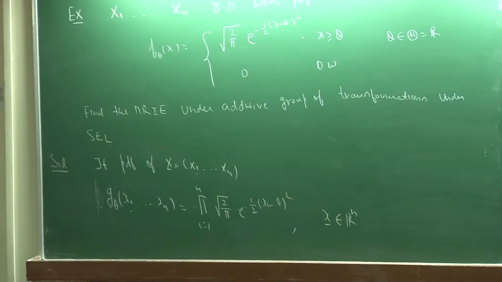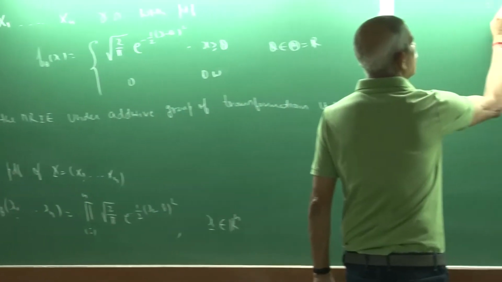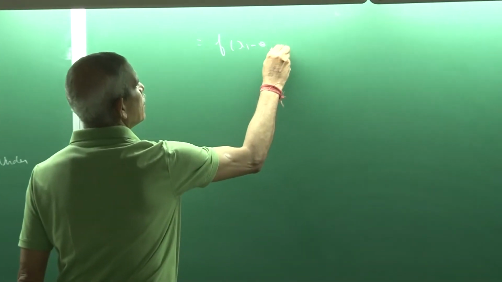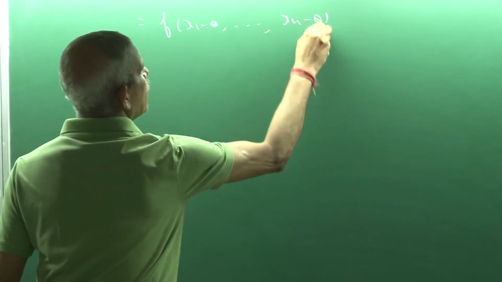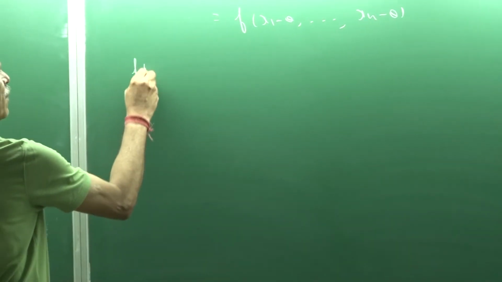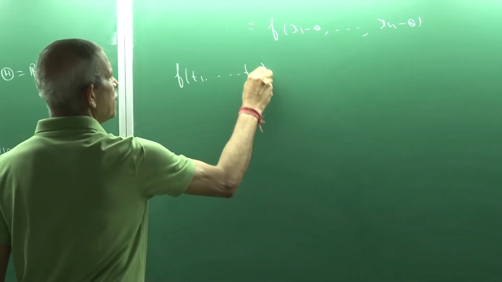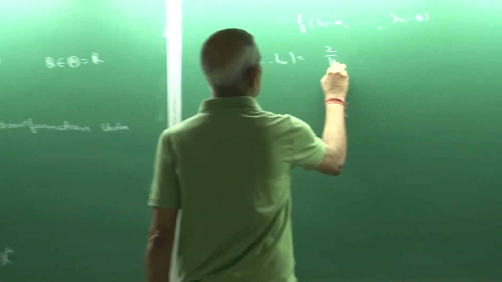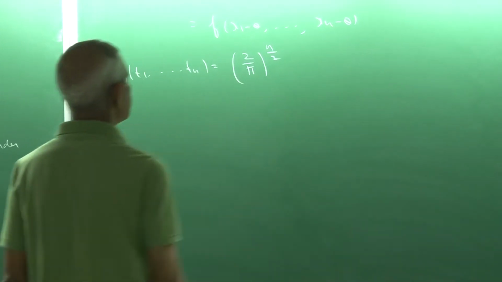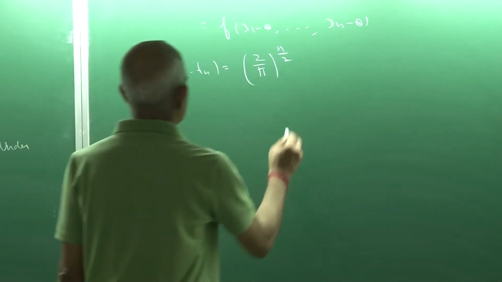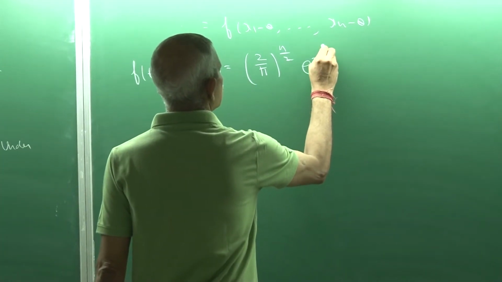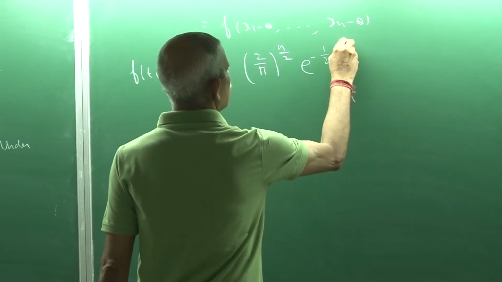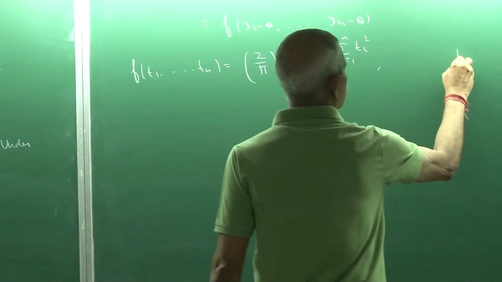This certainly can be written as f of (x1 minus theta, ..., xn minus theta), where f of t1, t2, ..., tn is obtained by putting t in place of xi minus theta. So it is (2 by pi) to power n by 2, e to power minus half summation i equal to 1 to n ti square, t belonging to Rn.